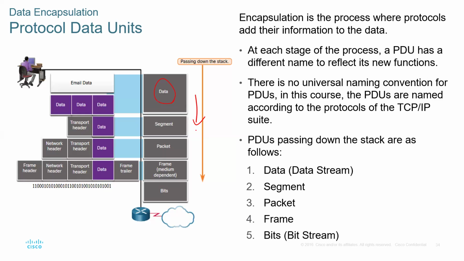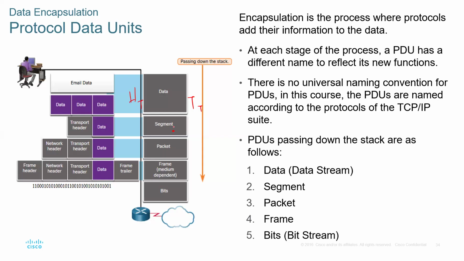Coming from the application, as we go down, encapsulation occurs. We add information at layer number 4, which is the transport layer. When we add transport layer information, we add a transport header or trailer, and the PDU is now called a segment.